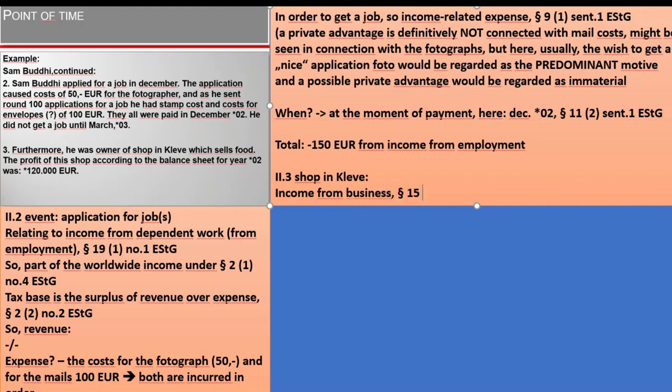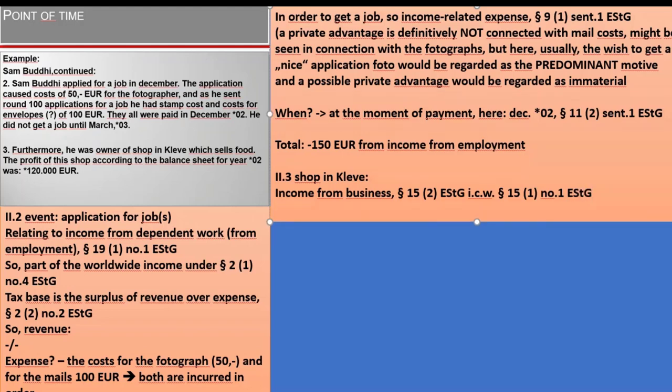You will see that in 15.2 ESDG, in combination with 15.1 number 1 ESDG. 15.2 says what a business is, and 15.1 number 1 says who has to pay tax, who has the income from the business, and number 1 is sole tradership. Well, in case of a sole tradership, the owner of the shop is the owner of the income.